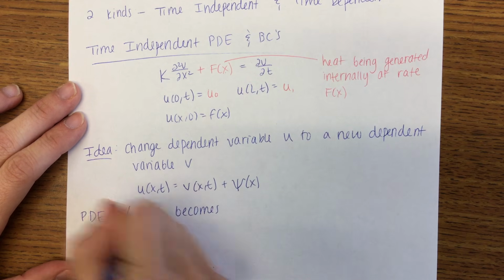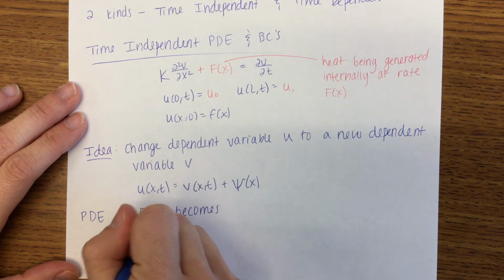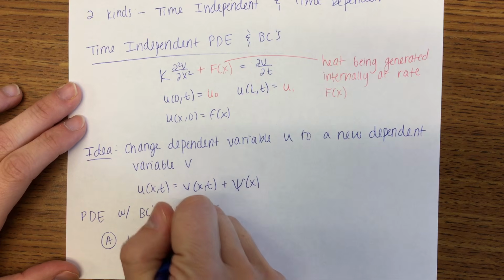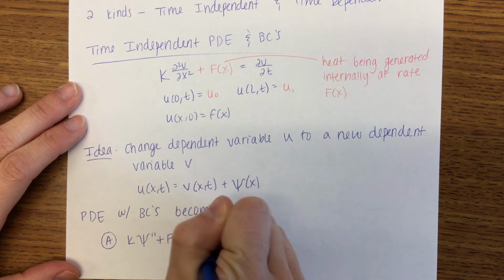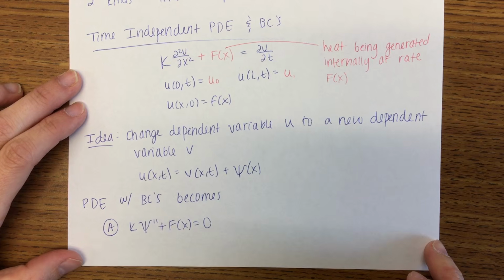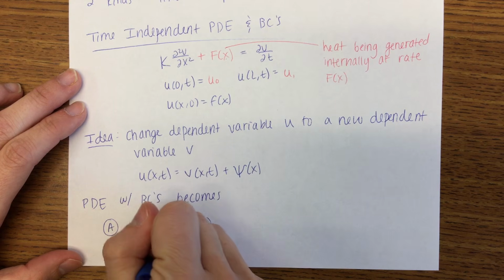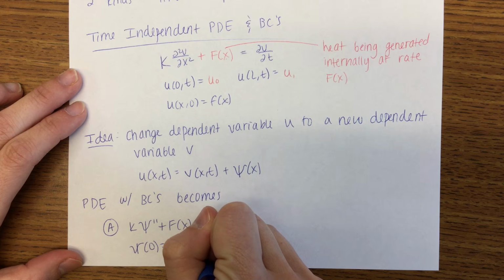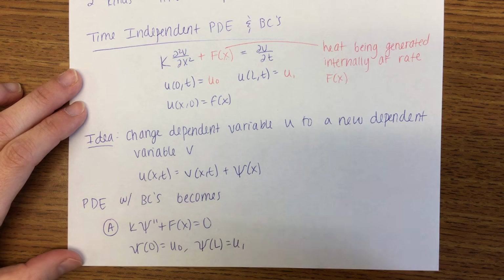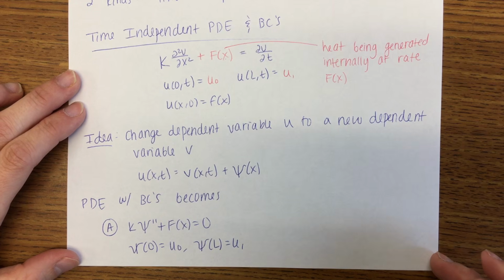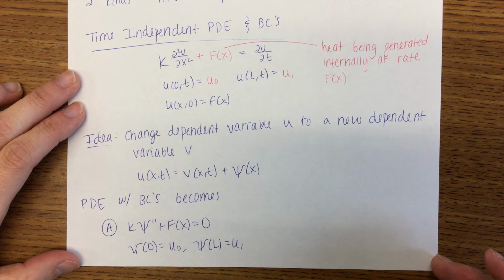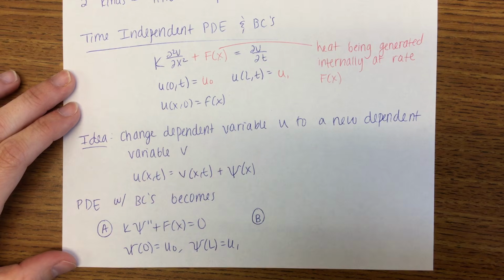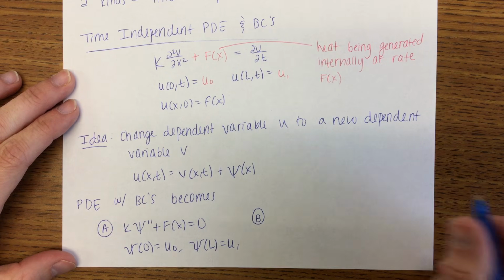First equation that you're going to have to solve is k times the second derivative of psi plus f of x equals 0. And you have two conditions: psi of 0 equals u_0, psi of L equals u_1. Second equation that you will end up solving is going to look very similar to what we've done before.